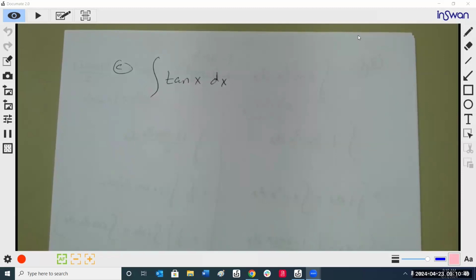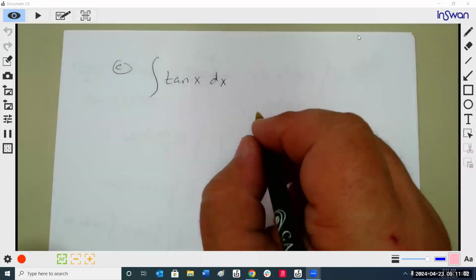The integral of tangent is secant squared? Yeah, it's ln absolute value of something. Some weird equation. Now let's show you how you get that.